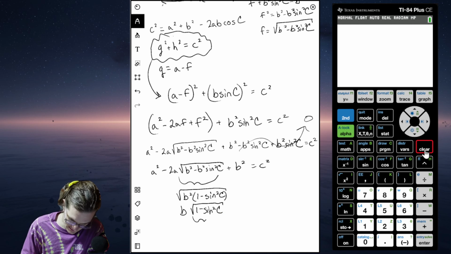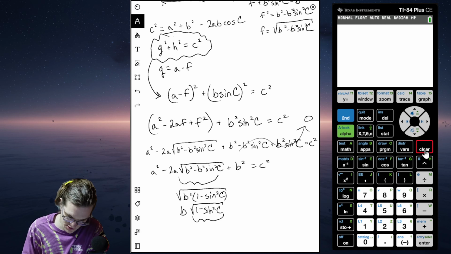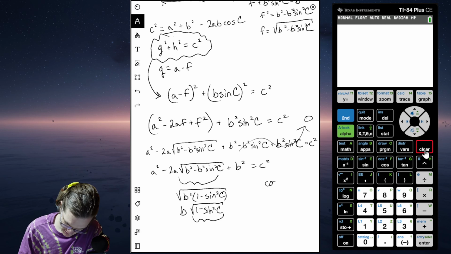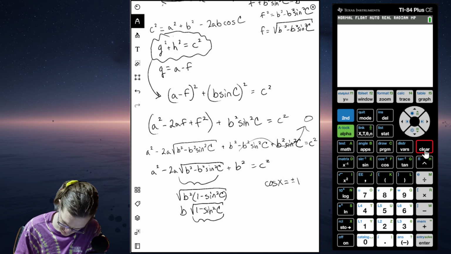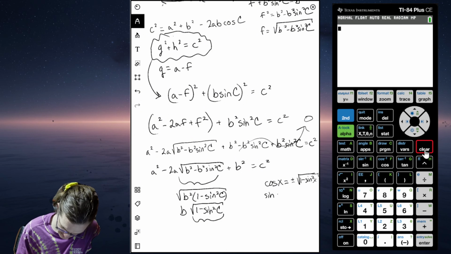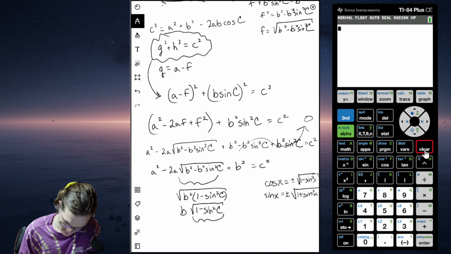Another thing is this piece right here is one of the first trig identities that we looked at, and it is that cosine of x is equal to plus or minus the square root of 1 minus sine squared of x, and sine of x is equal to plus or minus the square root of 1 plus sine squared of x. And so we're going to use this one and just replace it.